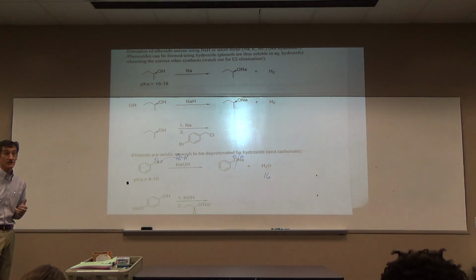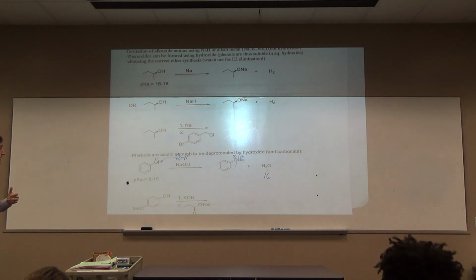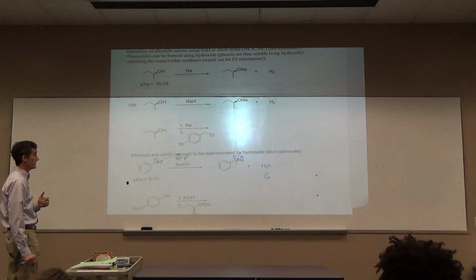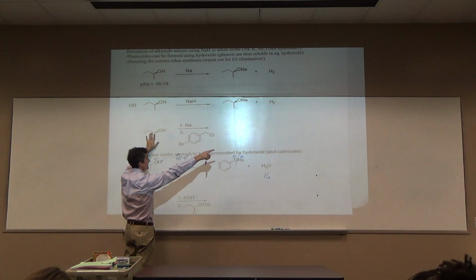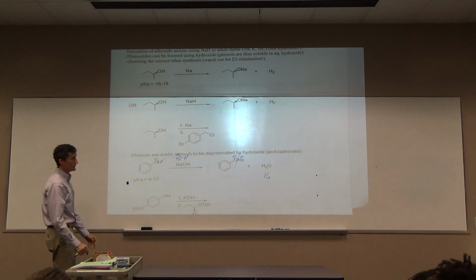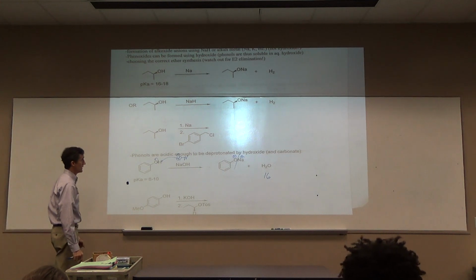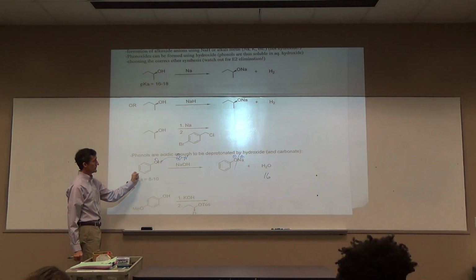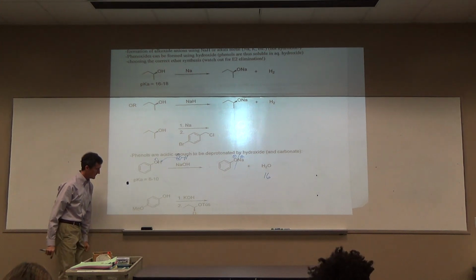If you can get 99.999% of something to do something, you did a great job. But up there, it ain't going to be complete. You'll be 16 and 16. It'll be a 1-to-1 equilibrium, and in practice, that does not work. Phenols are more acidic. You can use a weaker, more standard base to deprotonate them. So do the product down here.